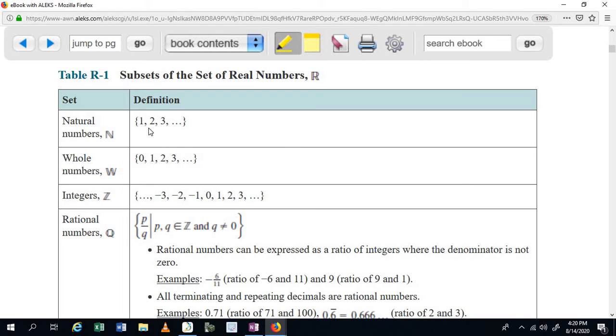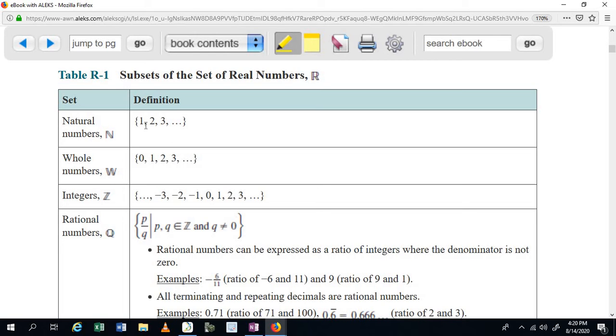So it starts at 1, and it just continues to go up to the next whole number: 2, 3, 4, 5, 6, and 7, and so on. Whole numbers, the only difference is it starts off at 0 and then goes 1, 2, 3, 4, 5, 6, and so on. And we denote the whole numbers with this W.